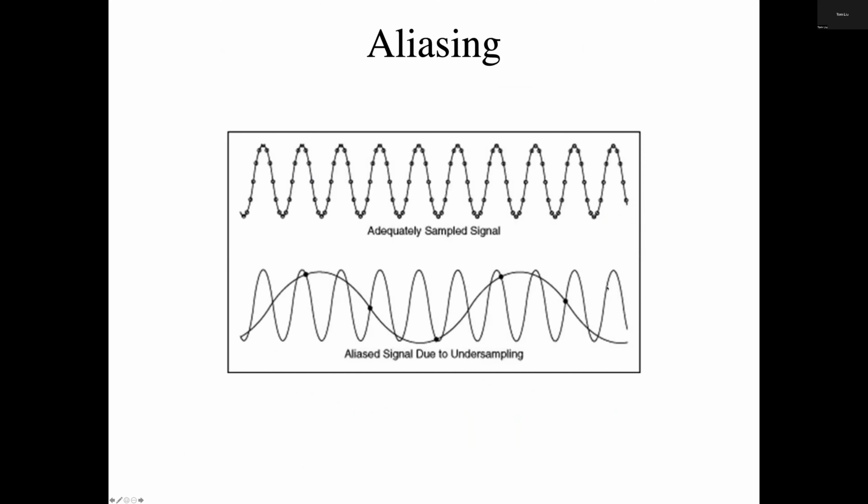Okay. We can look at an example of a frequency being encoded as the wrong frequency when you undersample, just by a trivial example here. So we have a sinusoid at a specific frequency and a lot of sample points on it.